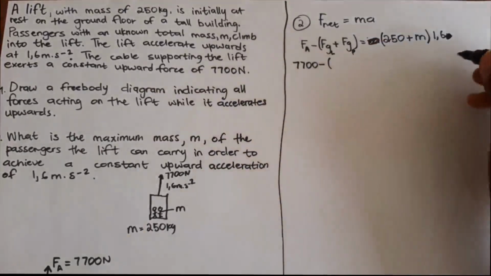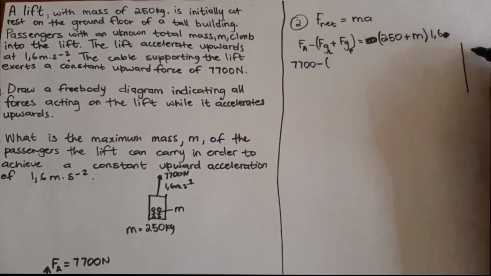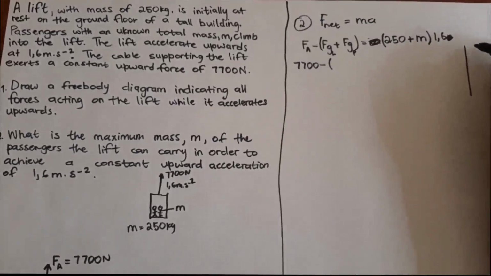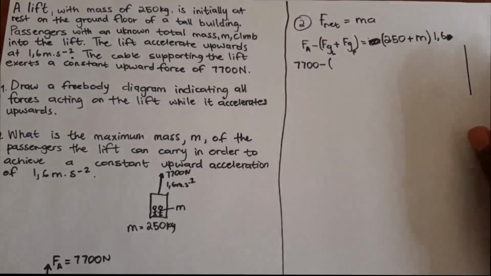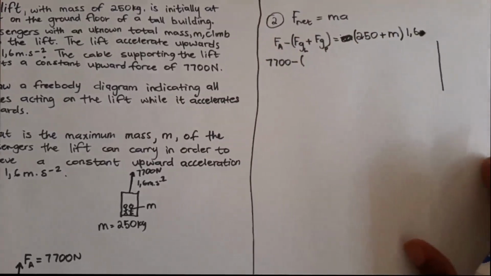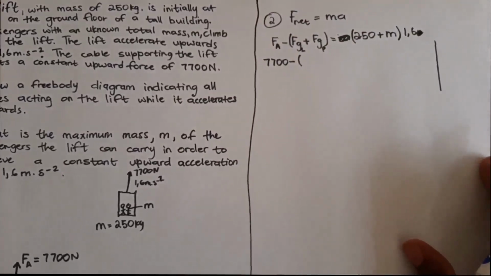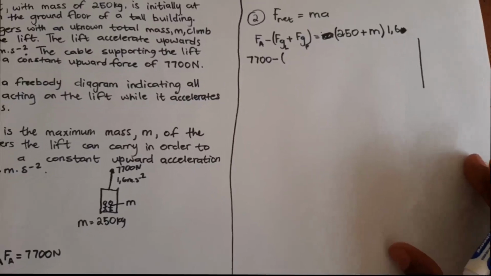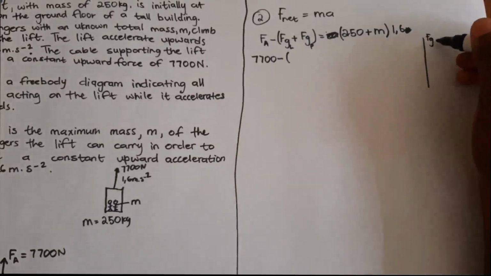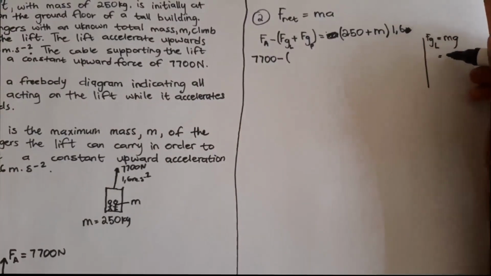So F_g for the lift, let's calculate it on this side. F_g for the lift is equal to mg: the mass of the lift multiplied by gravitational acceleration.